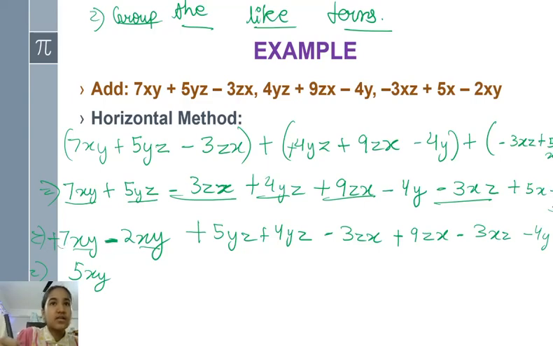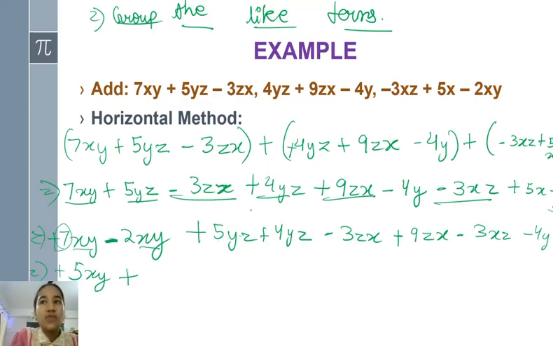The coefficient of the plus one is greater than that of the minus one. So the greater number's sign, that is plus, so over here it will be plus 5xy. Then plus 5yz plus 4yz, same sign, so it will remain the same sign. Then 5yz and 4yz.